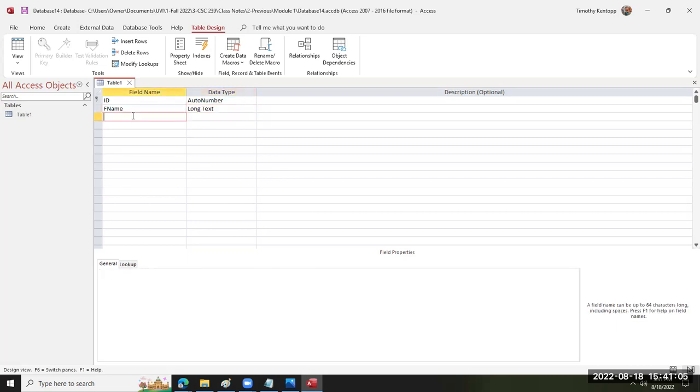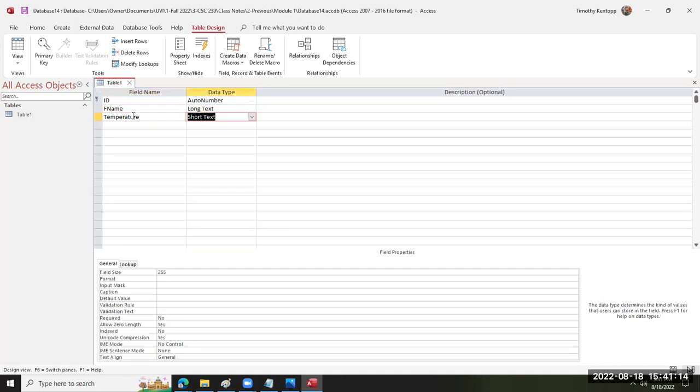If I put temperature, well, sometimes it's not that intelligent. I have to decide whether I'm dealing with whole number temperatures, right?